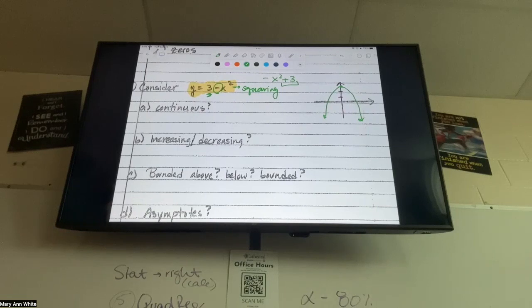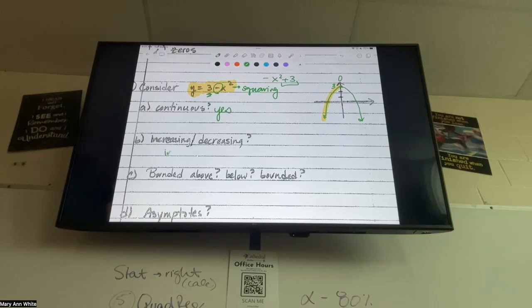And then once we've graphed it, we're going to answer all of these questions that we've gotten used to answering. So is it continuous? Yes. All right, increasing, decreasing. As I start, what am I doing? Increasing. I think we're increasing until x equals what? X is going to be 0, y is 3. So we'll care about that in a little bit. But when I'm doing increasing and decreasing, I only care about the x's.